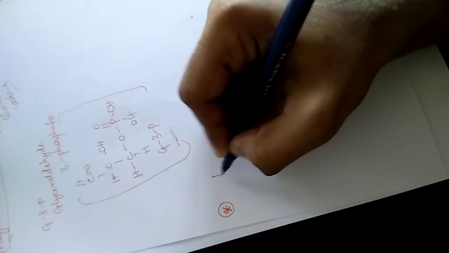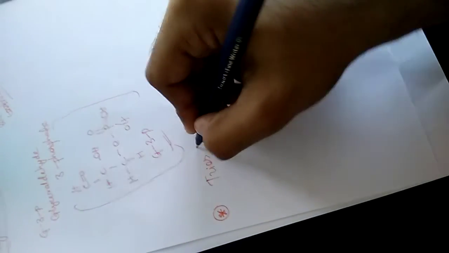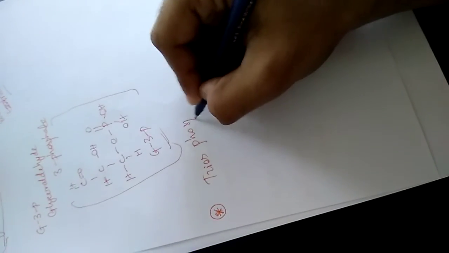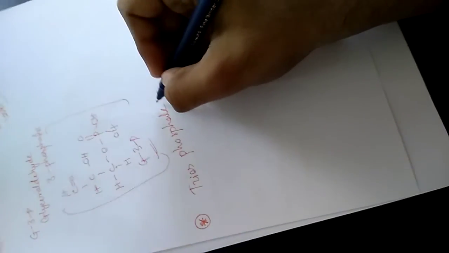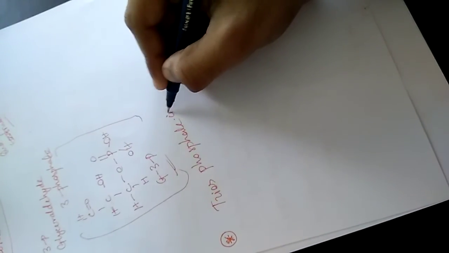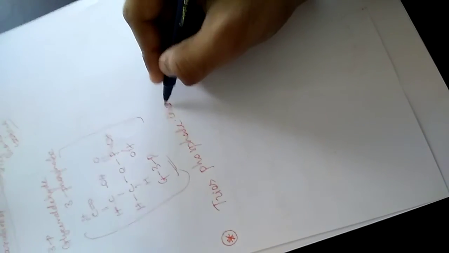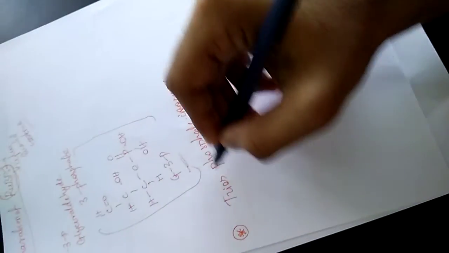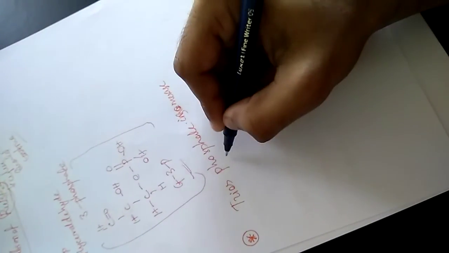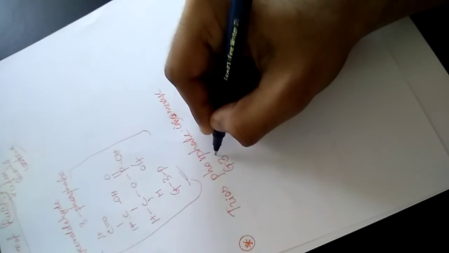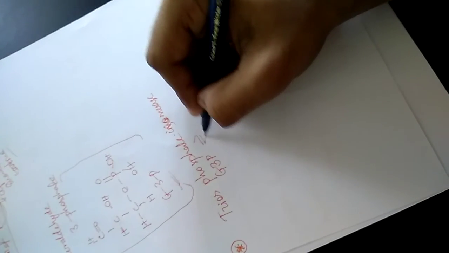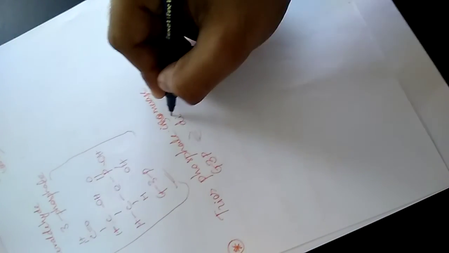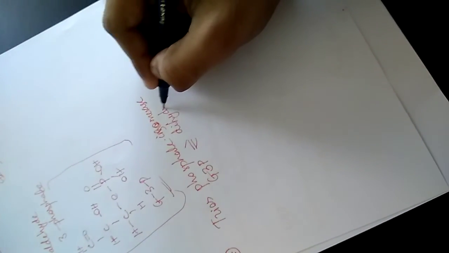So we use something called triose phosphate isomerase. I got the spelling wrong. This enzyme converts G3P reversibly to dihydroxyacetone phosphate.